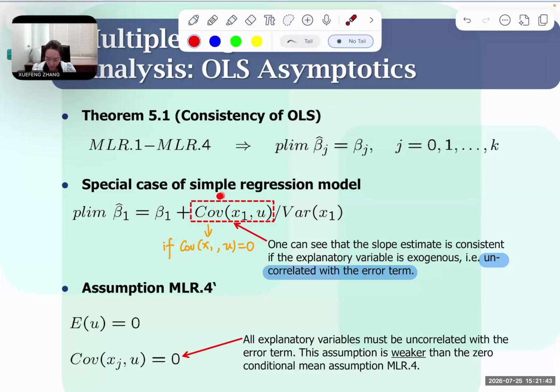So if this equals 0, this term is going to disappear. That means plim beta 1 hat equals beta 1 exactly, which is consistent.